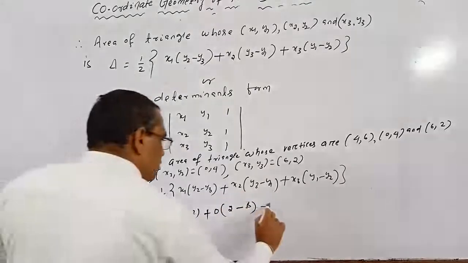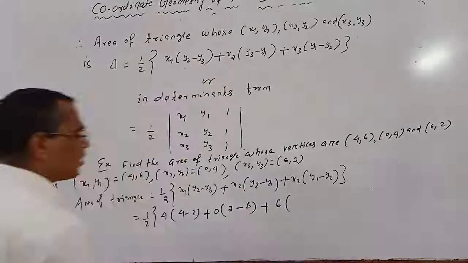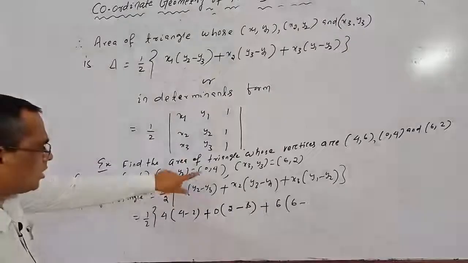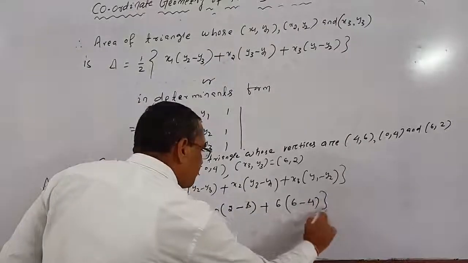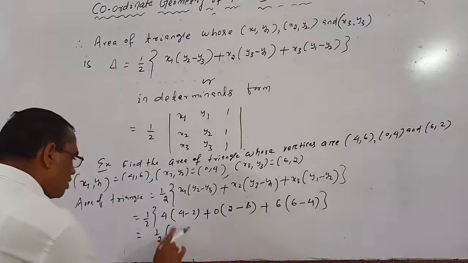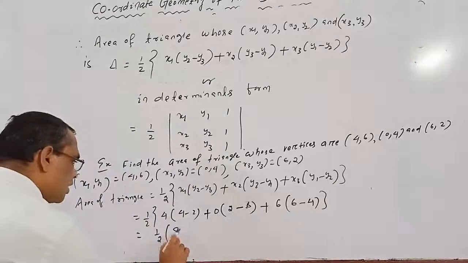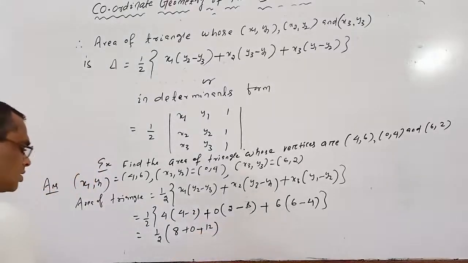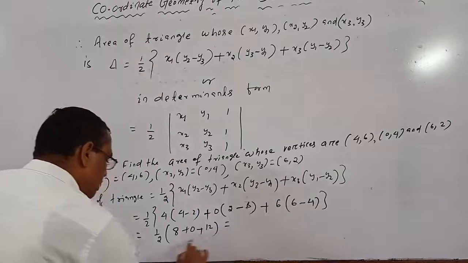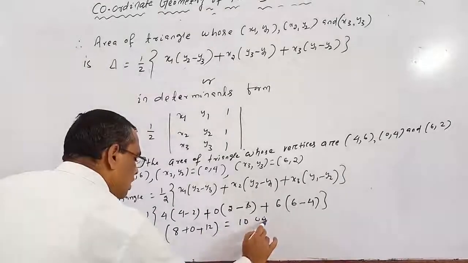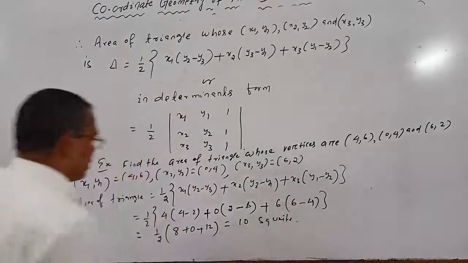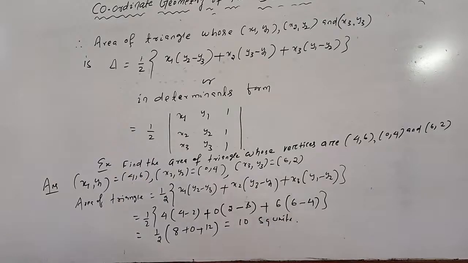Next plus x3, which is 6, so 6 into y1 minus y2, that is 6 minus 4. So this is equal to half into 4 into 2, which is 8, plus 0 plus 6 into 2, which is 12. So 12 plus 8 is 20, 20 by 2 is 10 square unit. Okay, so the area of the triangle whose vertices are 4 6, 0 4 and 6 2 is 10 square unit.